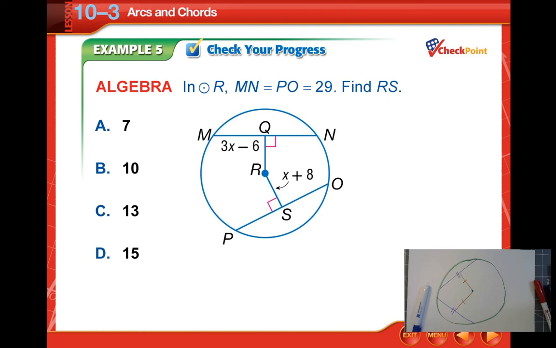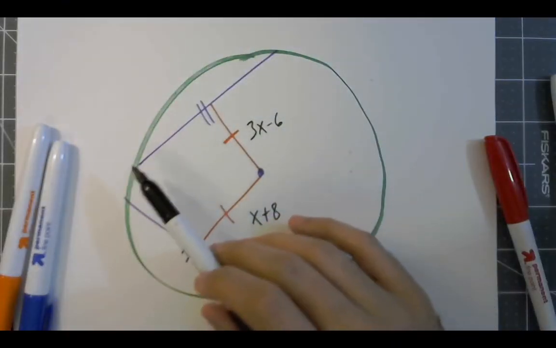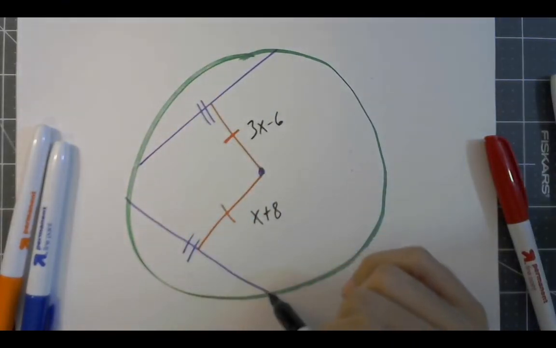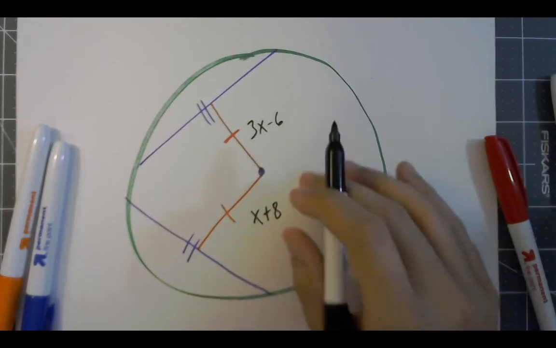Here's the one last one. We have 3x minus 6 equals x plus 8, sorry, x plus 8. So we have 3x minus 6. We have x plus 8. We're given that MN and PO are 29. What that tells us is sort of backwards that this and this work, so I know these have to work.